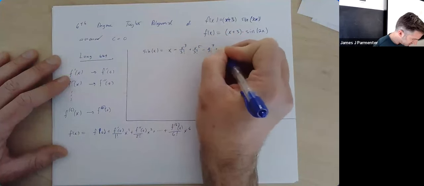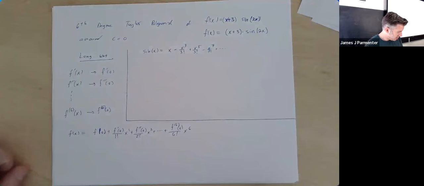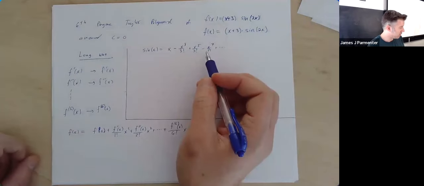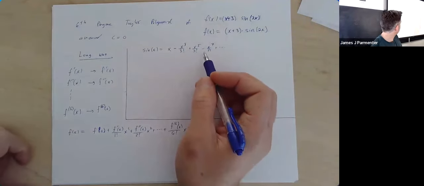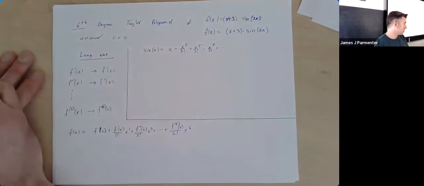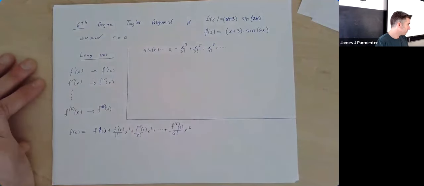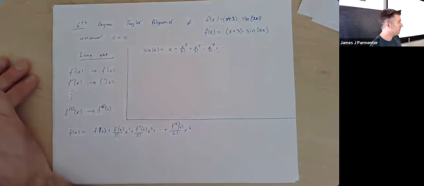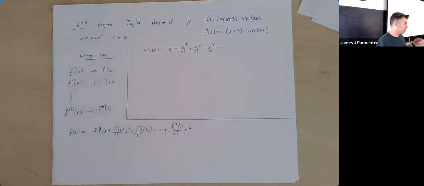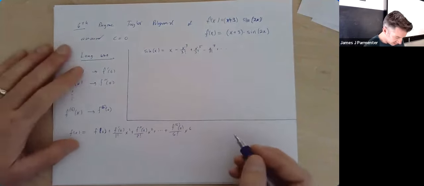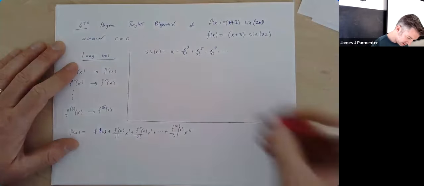I don't even need the x to the 7th, right? Because I know I'm going to stop before that point. If I want the 6th degree, my highest power should be the 6th power. They alternate. Same for sine and cosine, all the terms alternate signs. So then I don't really need any of this.